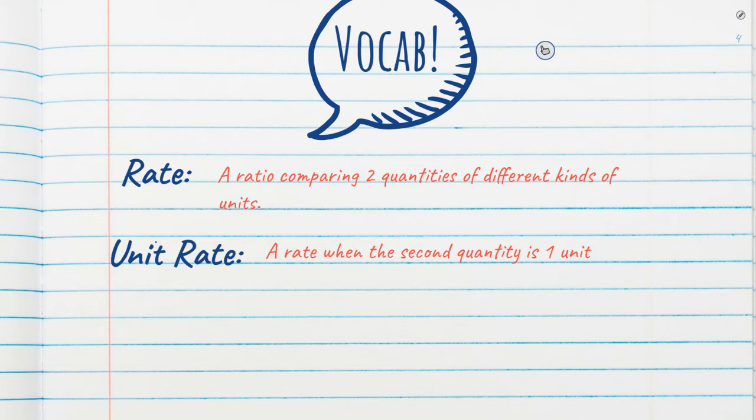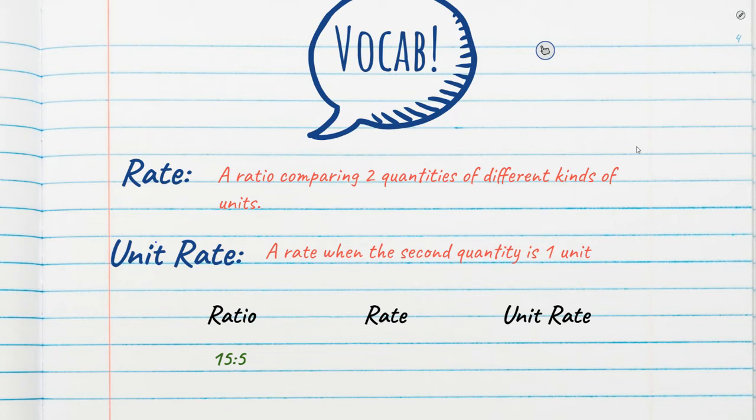All right, so let's look at some examples of ratio. Ratio is what we did last week. And a ratio is comparing 2 numbers, 15 to 5.